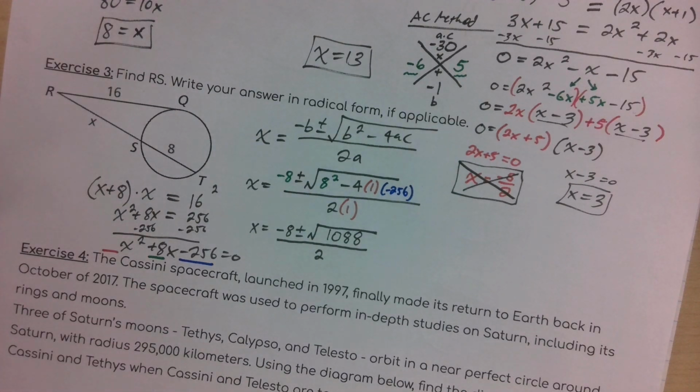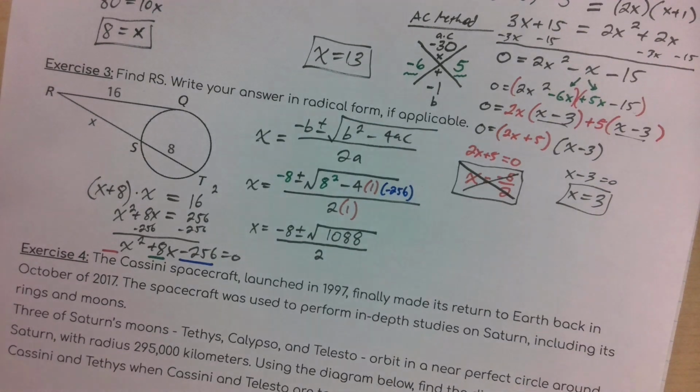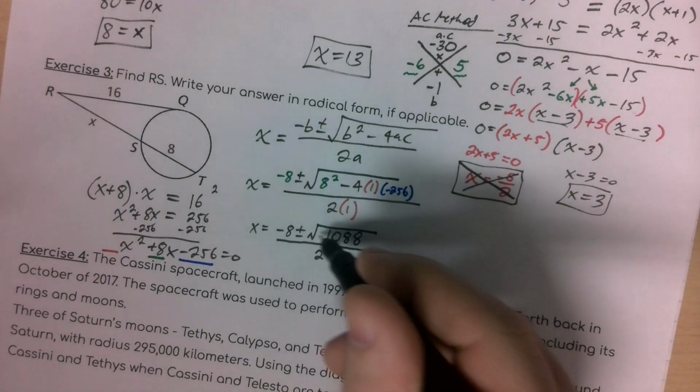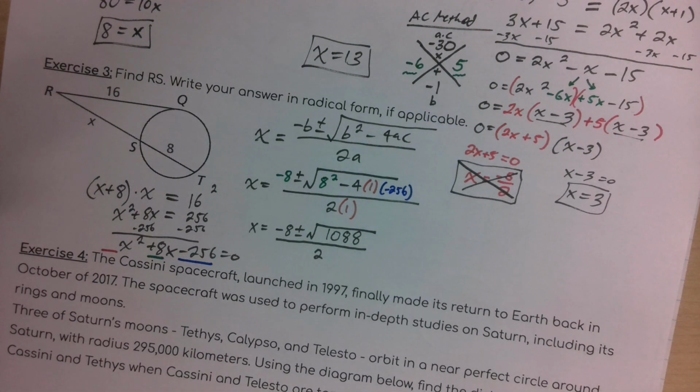As we look through this problem, this is actually going to be the product of two very interesting terms. 1088 can actually be written as 64 times 17. How would we figure this out? You would have to just divide 1088 by different perfect squares until you find one that fits.